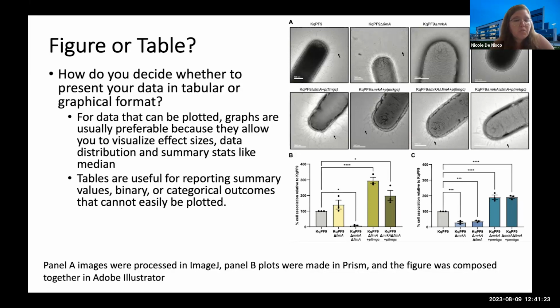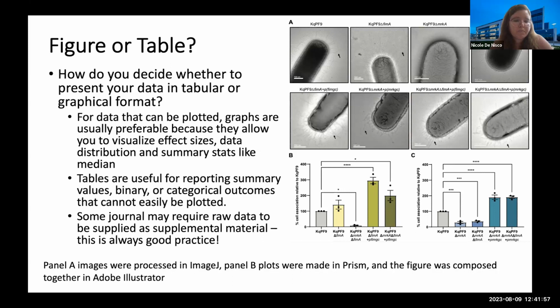So tables are useful for reporting summary values, binary or categorical outcomes, or say you've done a scoring where you're saying it's high, low, medium, or something like that, and you don't actually have specific data points. That's something that can't easily be plotted. Then you can go ahead and report that as a table. But if it's something, again, that can be plotted and you are looking at differences, then my go-to is always to plot it if you can.